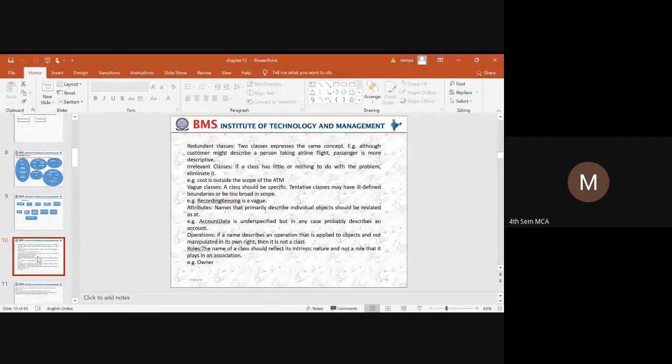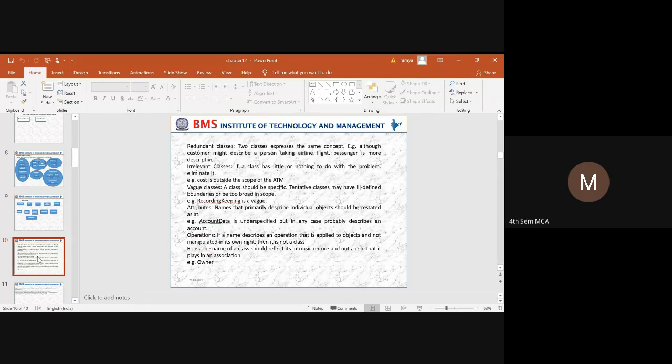Similarly, with respect to the irrelevant classes, I had taken an example of cost. Cost is irrelevant, which does not belong to the application, that is, it is out of the scope, so you cannot consider that as a name of a class. Then how do you consider vague classes? If the tentative class names that we have defined are not within a boundary, or if they are too broad and out of scope, such as record keeping, security provision.